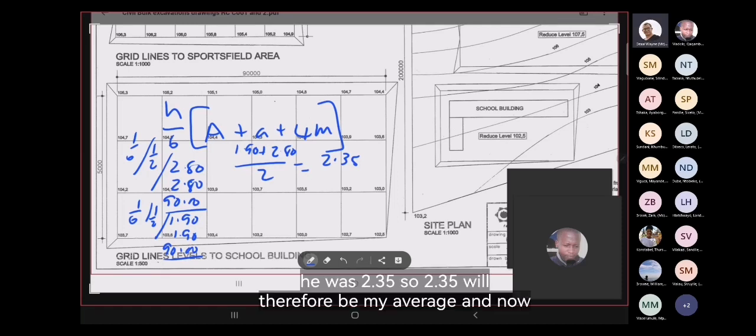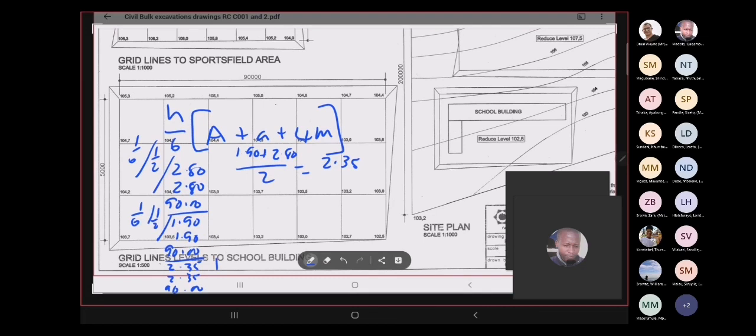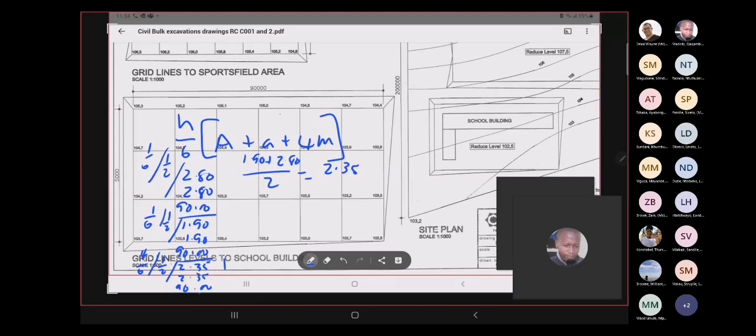So 2.35 will be my average, and I will then have 2.35 times 90 times half times 4 over 6. That will be for that section there.